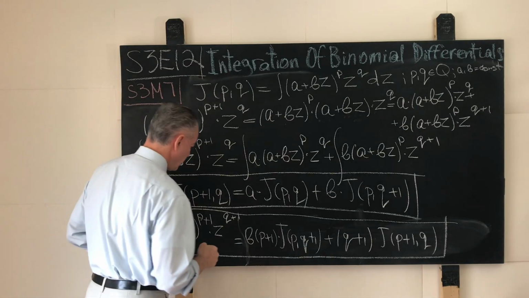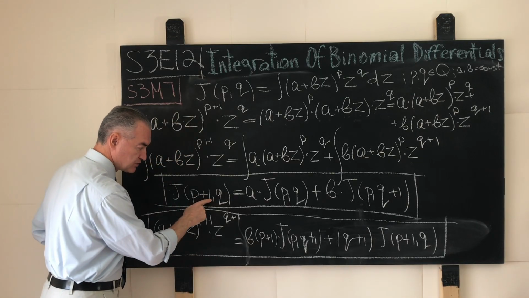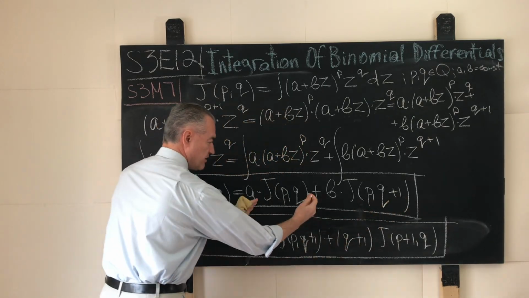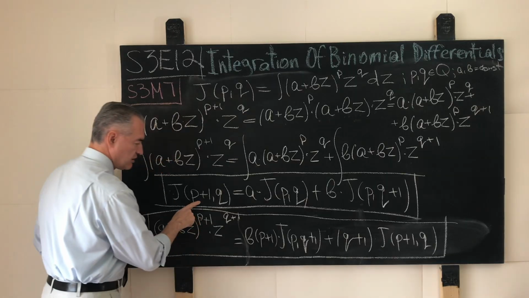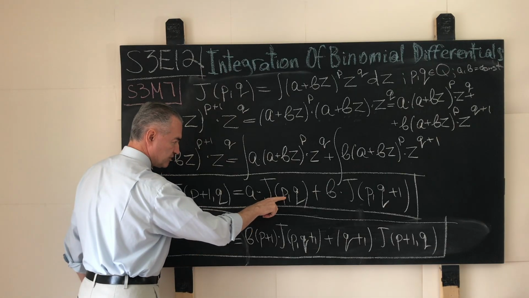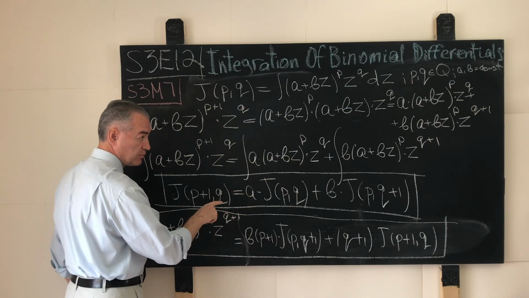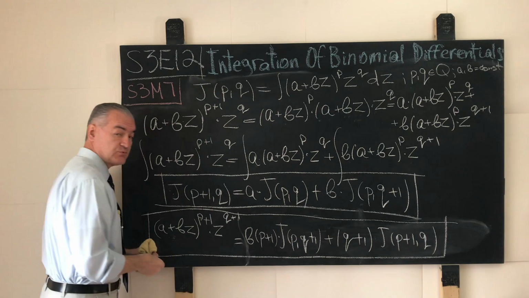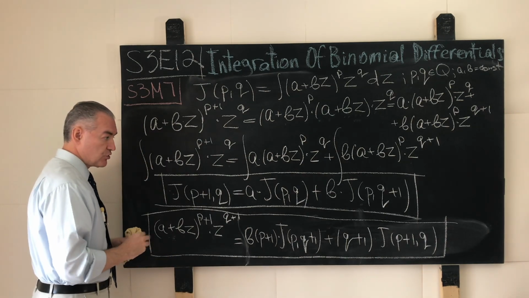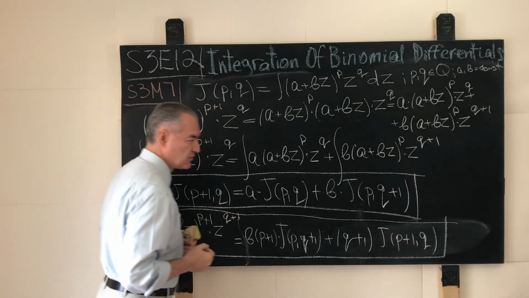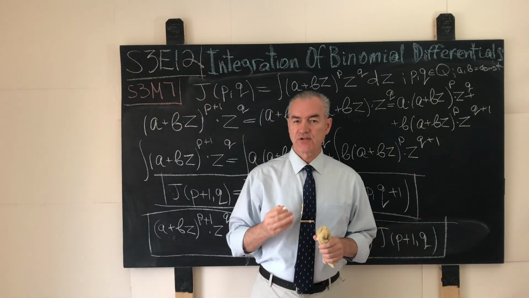We will express our integrals J p plus 1, q and J p, q plus 1 via this integral, and then in either one we will bump p down. So here we will have p minus 1, and the second time when we bump the q down, we will have q minus 1. Thus we will have four recurrence relations that we will be able to exploit, and we manufacture them as follows.